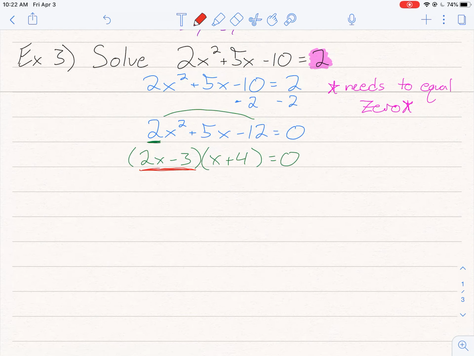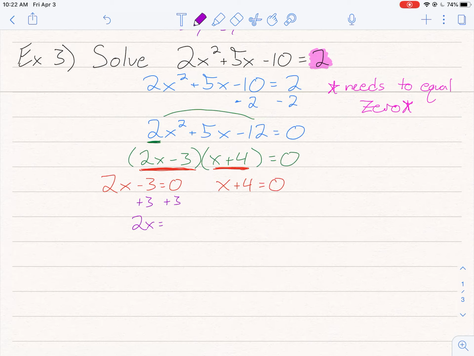So next, same thing. We're going to take each of these parts here, the 2x minus 3, and set it equal to 0. And then x plus 4, and set it equal to 0. And then we're going to solve for x. So I'm going to add 3 to both sides.